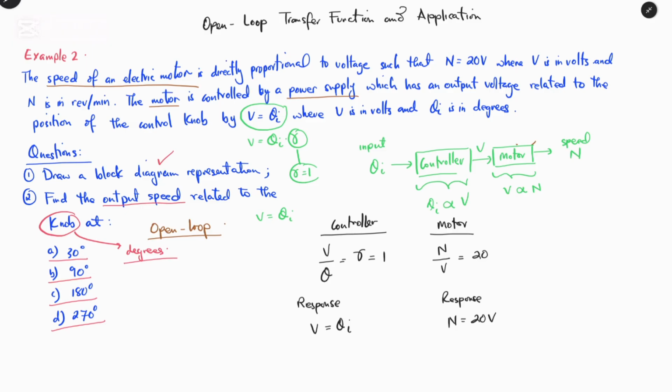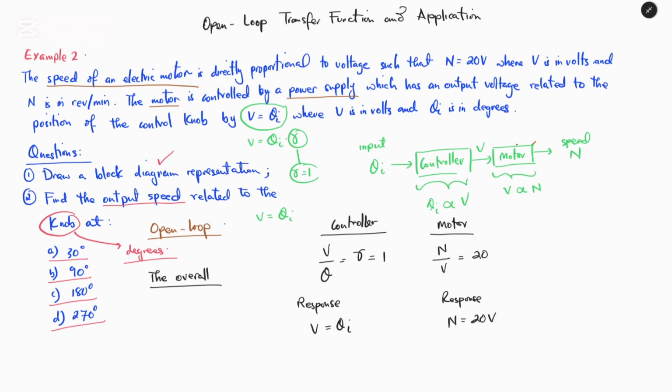Now, having this relationship, we can quickly derive the speed of the motor based on the knob. The overall gain will help us achieve the response, which is the speed of the electric motor.